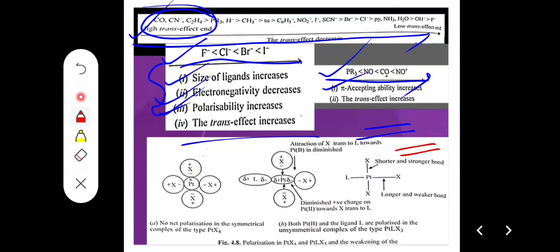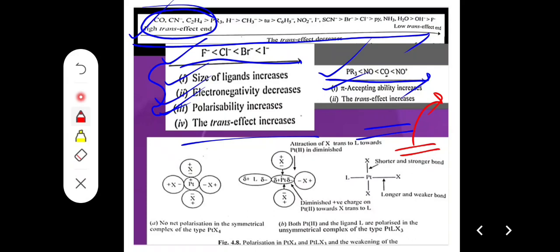So that's why its trans-position ligand has low attraction force towards the metal, and that's why this trans ligand can easily leave. And so for PR3, NO, CO and NO positive, their trans effect is higher, and the ligand in their trans position can perform substitution reactions more easily.